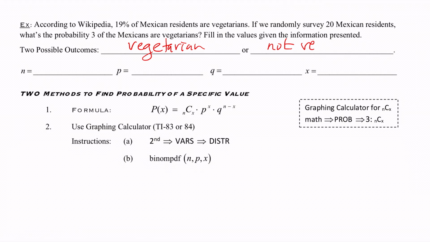If they're vegetarian, then we'll call that something that occurs with a probability of P. And in this case, since we know 19% of Mexican residents are vegetarian, P would be 0.19. And Q would be 1 minus that, so Q would be 0.81.